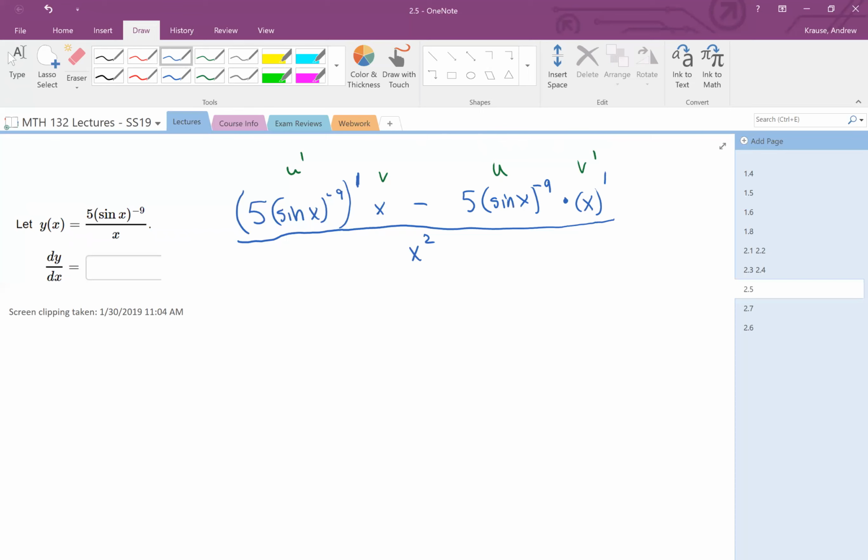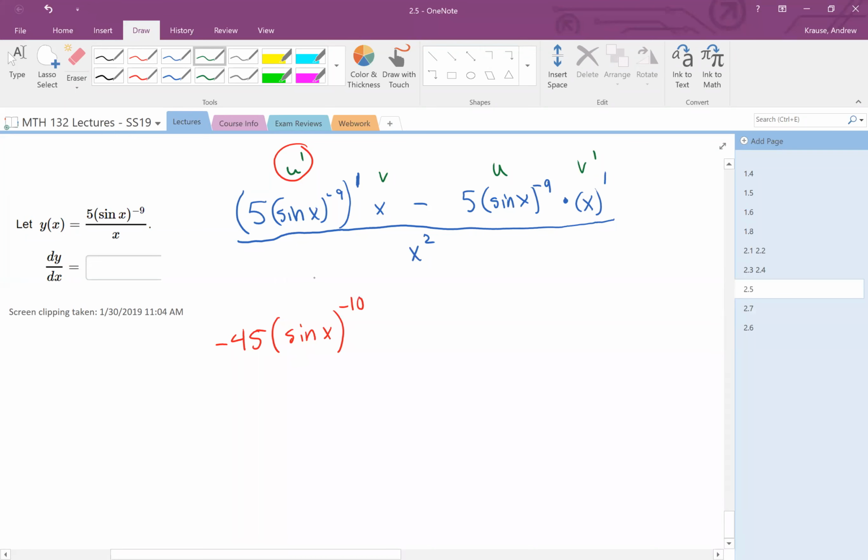Okay, so now let's just work with this u prime. I'm going to do that in red. So we get -45 sine of x to the -10th power.